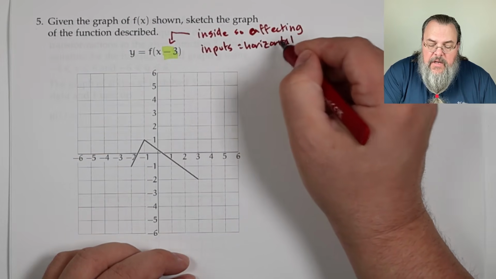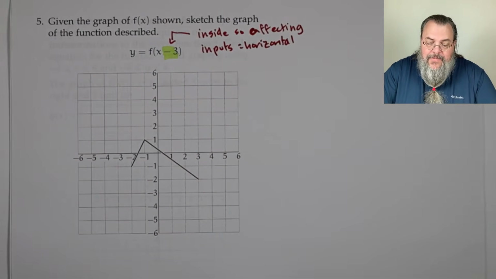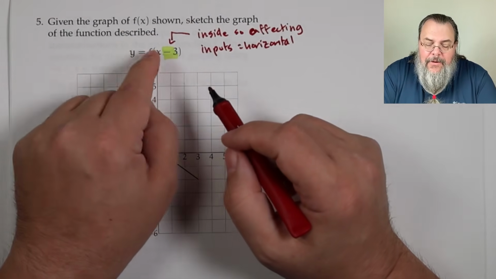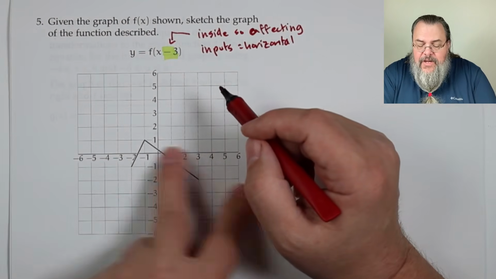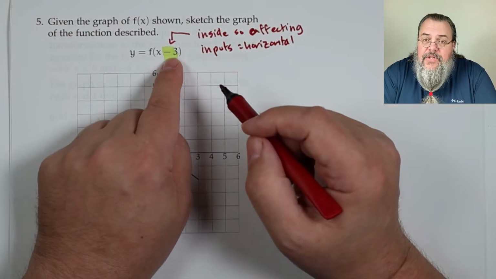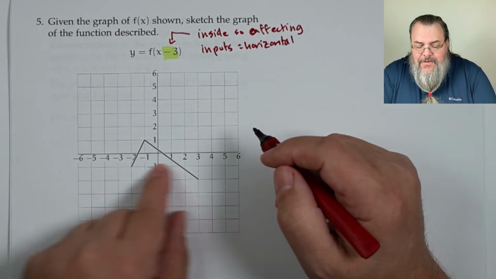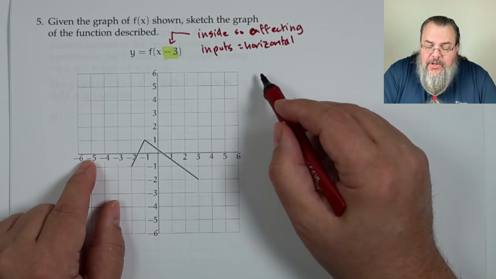All right, great. Well, so what does that tell us we need to do? Now we have to be ever so careful. How does that shift? It's a left or right shift. We can see it's going to be a shift by 3, but which way? To the right or to the left? And now here's the thing.